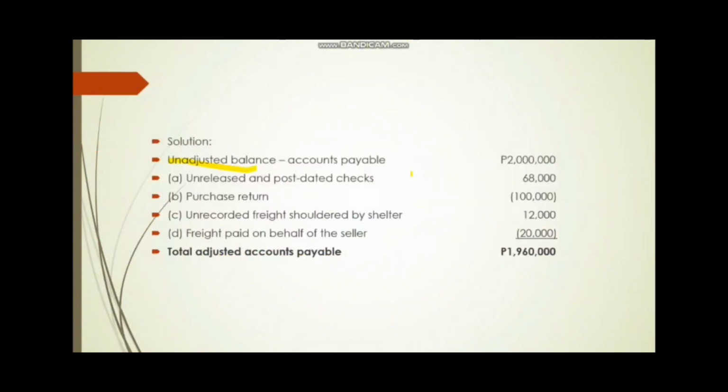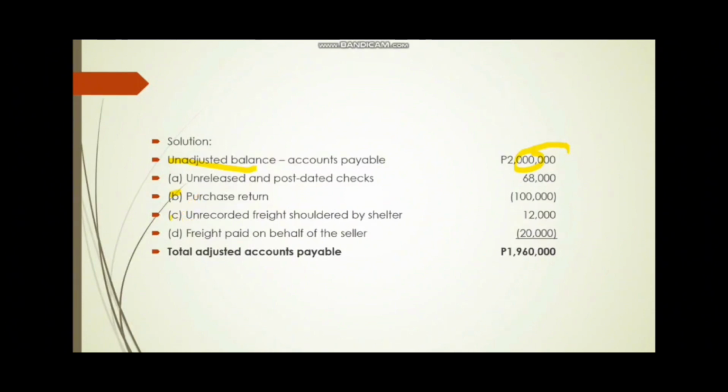Solution. We start with the adjusted balance of 2 million. Unreleased and post-dated checks of 68,000, which is 20,000 plus 48,000 equals 68,000. Then, for the purchase return, less 100,000.